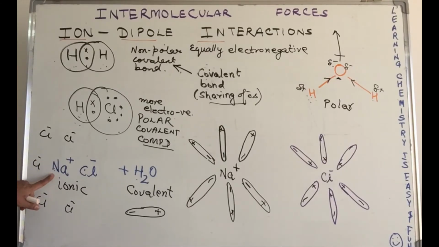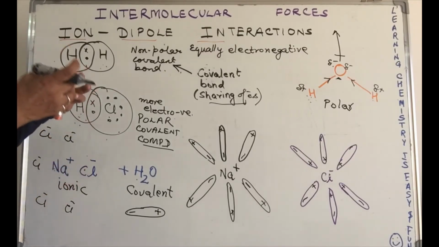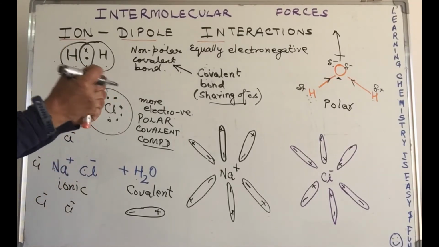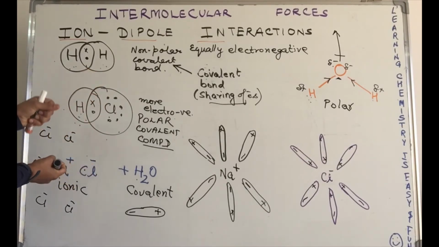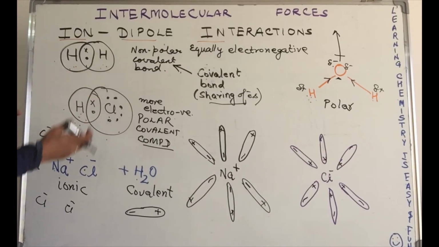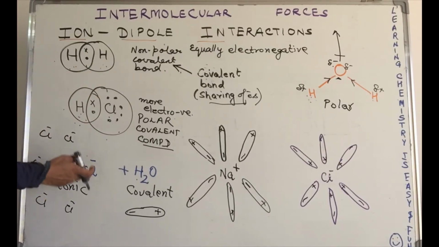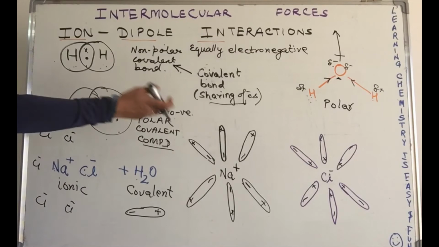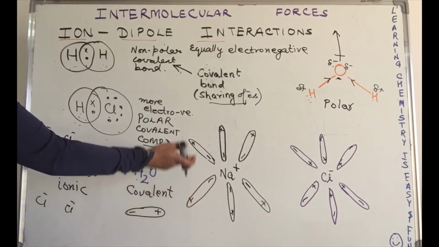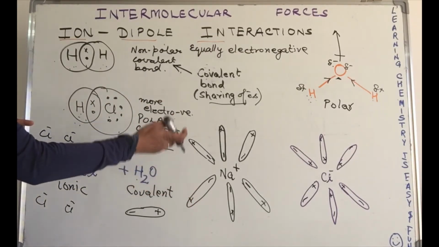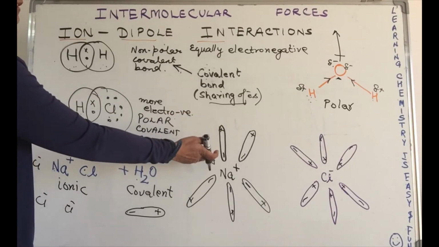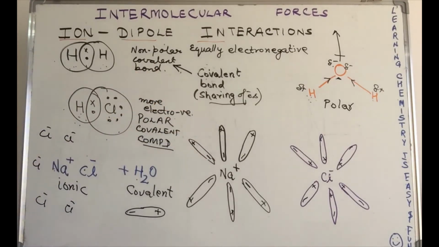It does not conduct electricity in the solid state because the sodium and the chloride ions are holding each other tightly because of the opposite charges. On the other hand, when you either heat it, so you are providing energy to the ions, or you dissolve it in water, in which case the ions get separated because of the polar nature of water molecule.